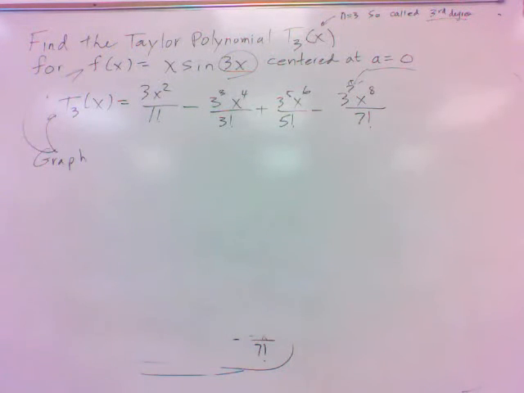What should we expect to happen there? If we graph these two functions, what would we expect to happen? What would you expect to happen?